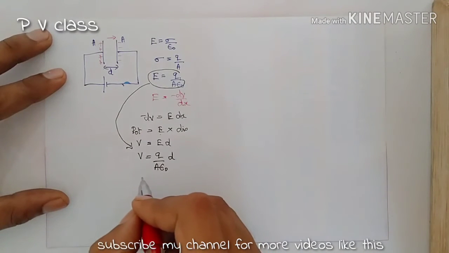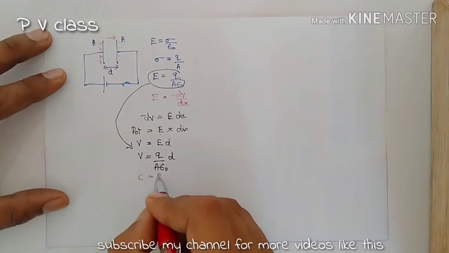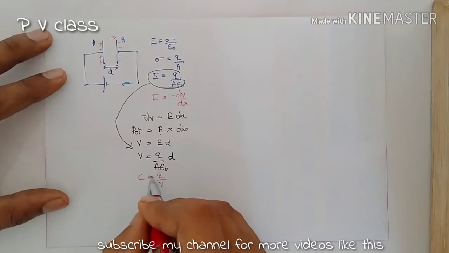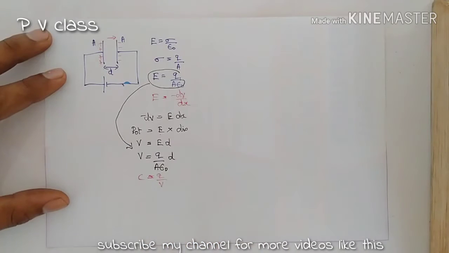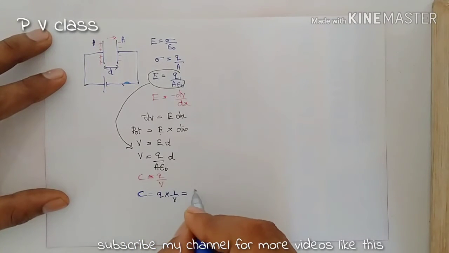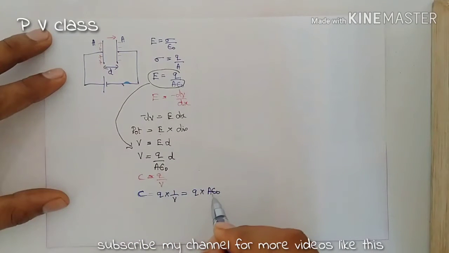Then we know a basic relation: capacitance C is equal to Q by V. Capacitance is the ratio of charge and potential. If I substitute that in our current equation, C is equal to Q into 1 by V, that is Q into the reciprocal of this, A epsilon 0 divided by QD.